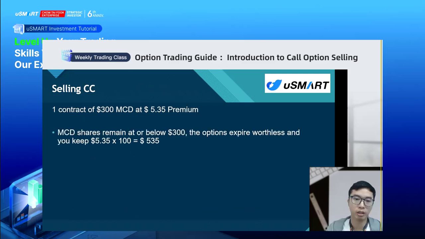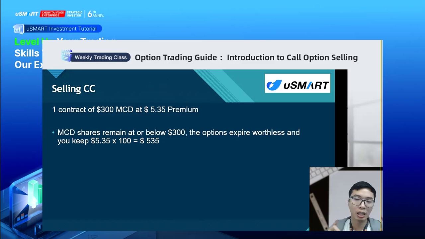Remember, for one contract you need to own at least 100 shares. If the share price remains below $300, the option will expire worthless and you keep the premium. So as a call seller, our maximum profit will be the premium.